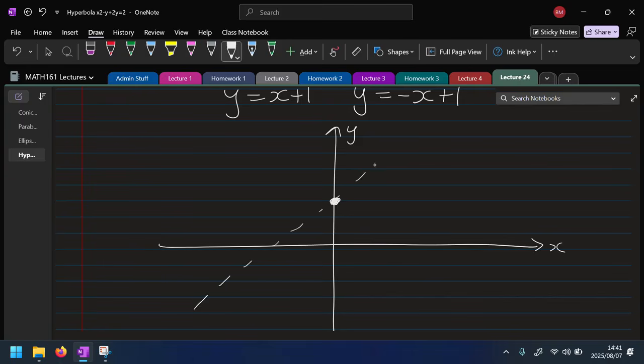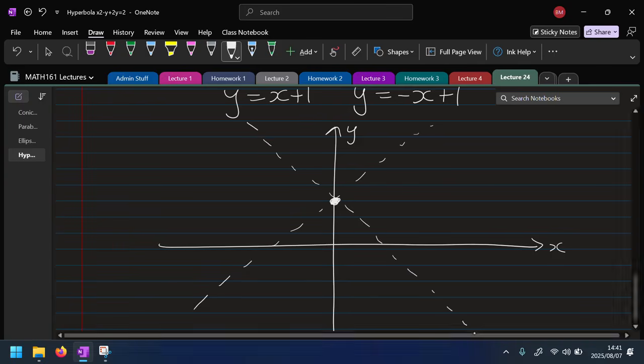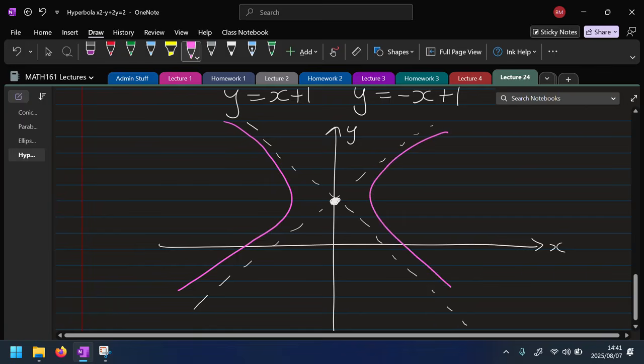So that's for our plus asymptote line, y equals x plus 1. And then the minus asymptote line, that will be there. Okay, and then they intersect at that middle point. Now we know it's a hyperbola going left and right because the x part came first. So we're going to have a hyperbola branch over there and over there.